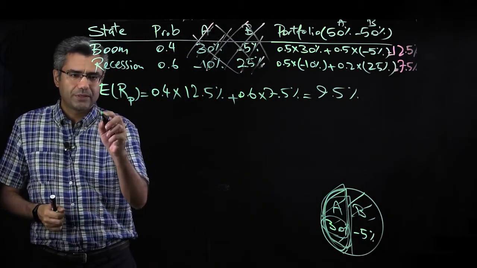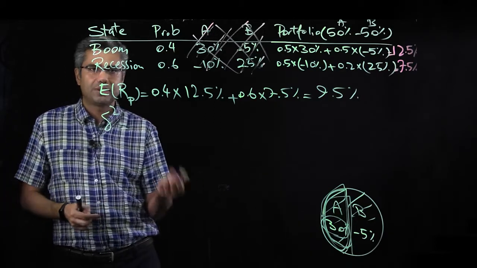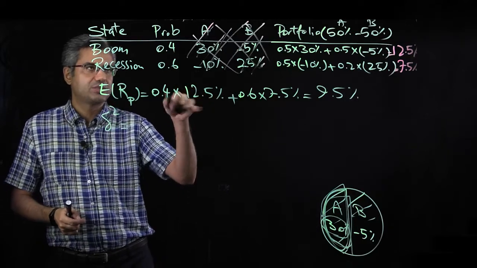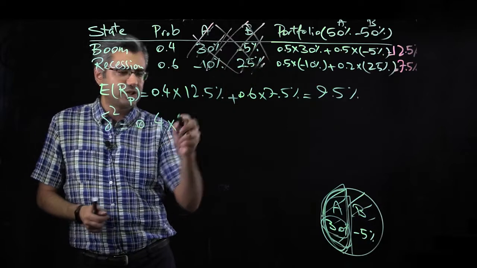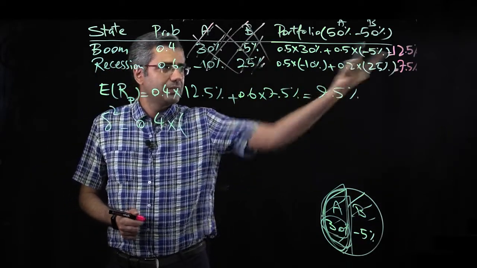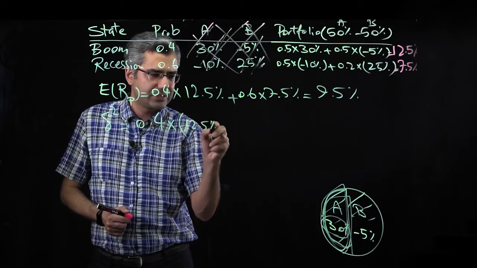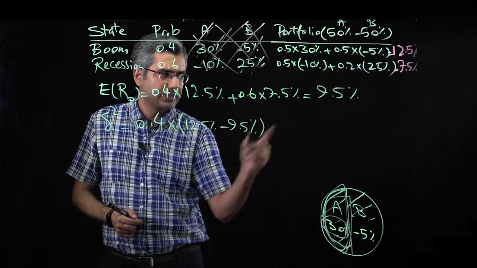What about the variance? For the variance, the same method I showed you already for single stock can be applied here as well. The 40% chance multiplied by the distance between 12.5% and the mean.